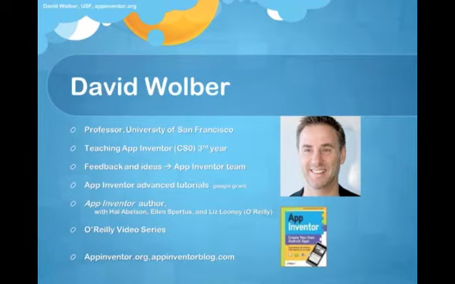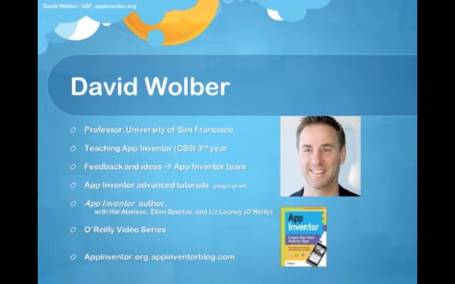Anyway, I've been working with the App Inventor team a little bit, mostly giving them feedback from my students and stuff I think about and learn, ideas for how the tool could progress over the last couple of years. I'm the author of some of the advanced tutorials on the App Inventor site, and then we took some of those tutorials and a bunch of other material, and we wrote the book App Inventor, Create Your Own Android Apps.